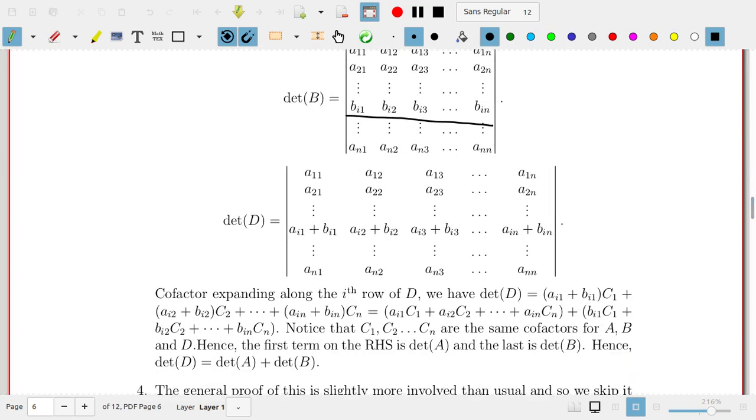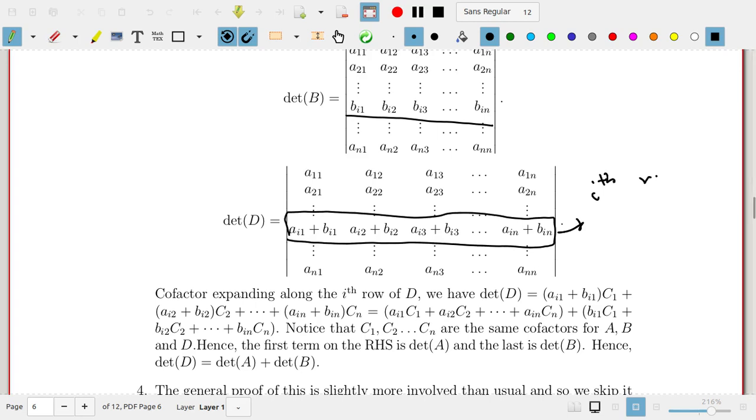And let's say we have a third matrix D, where the ith row is the sum of the ith rows of A and V. So this is the ith row of A plus the ith row of V.